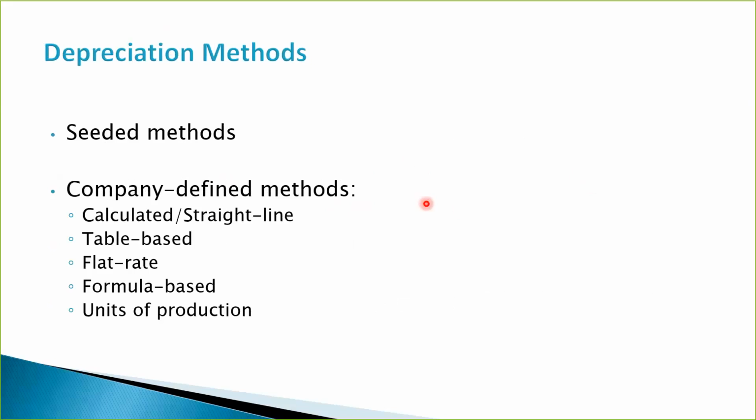All right. So if you choose to define depreciation methods for your company, there are various types of methods that you can choose from. These are the types of depreciation methods that you can enter. You can enter what is called calculated or straight line method.